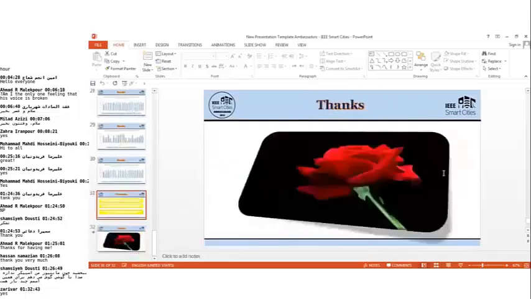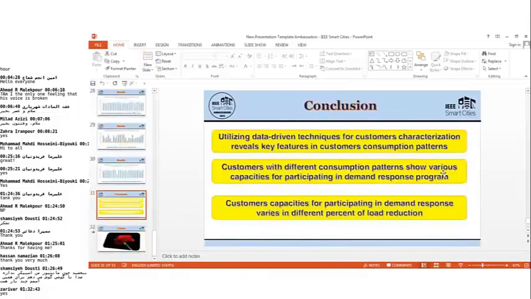In the next slide, in summarized and very small points, we have some conclusion points. The first one: utilizing data-driven techniques for customer characterization reveals key features in customers' consumption patterns, some of which were mentioned by me in the prior slides. Another one: customers with different consumption patterns show various capacities for participating in demand response programs, and customers' capacities for participating in demand response vary at different percentile load reductions.